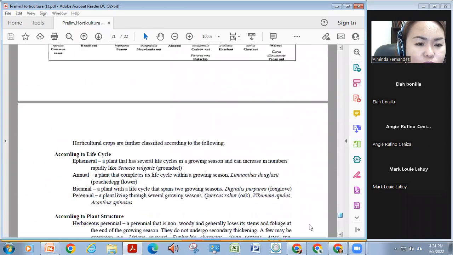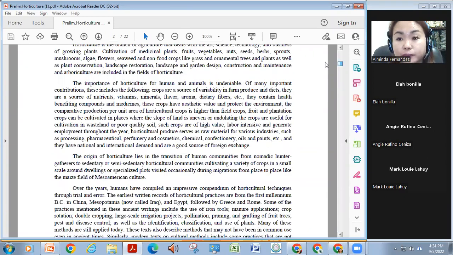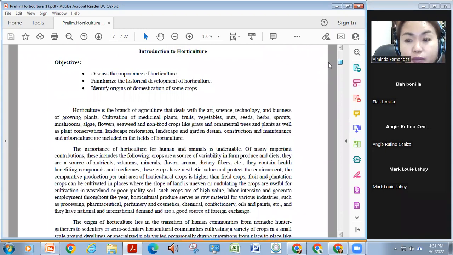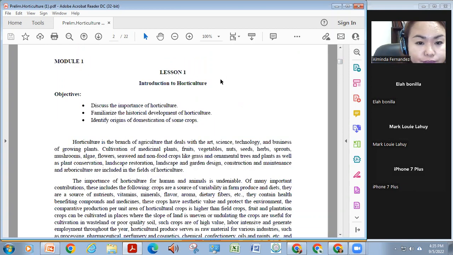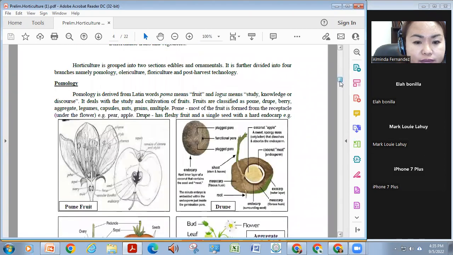After lesson 2, let me check. And after that, we're gonna have vegetable production. So, pwede tayong gumawa ng mga plot or by group, or kaya area. Maghanap tayo ng area dyan as our activity. So, we're done with this one.